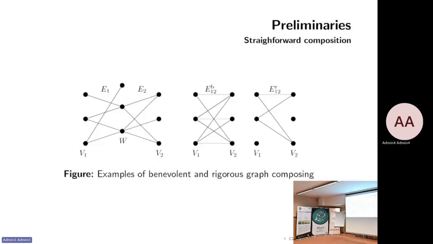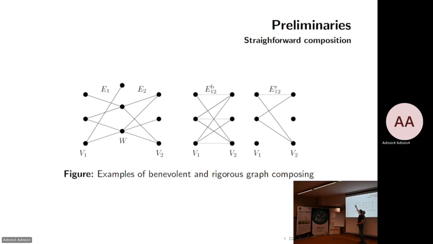The idea is that imagine we have two bipartite graphs. One is this, one is that, which are composable in terms of relation. It means that the codomain of the one is the domain of the second.